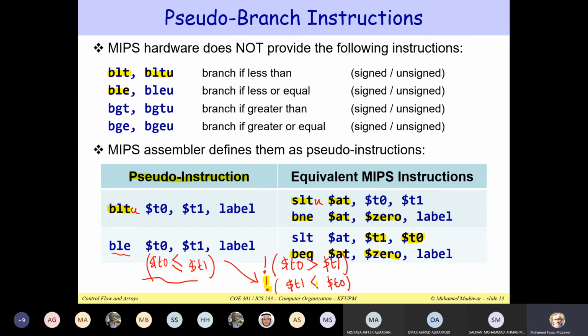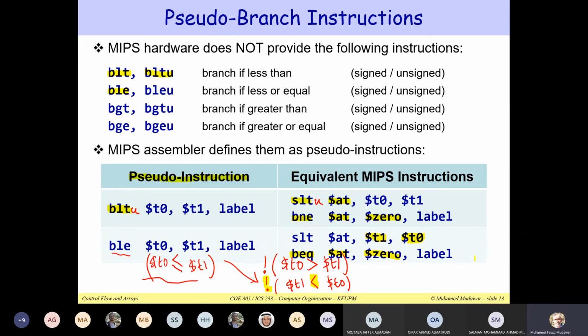To say that T0 is greater than T1 is the same thing as T1 is less than T0. So I use set less than here to compare T1 with T0. And then I use branch if it is equal to 0, branch if it is false, because I really want to branch if it is not less than, okay? So we branch if it is equal to 0, we branch to label.